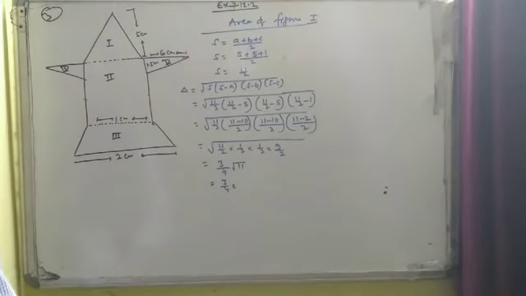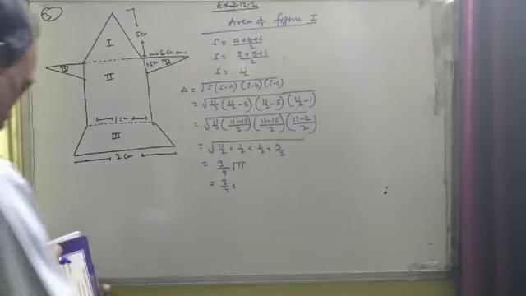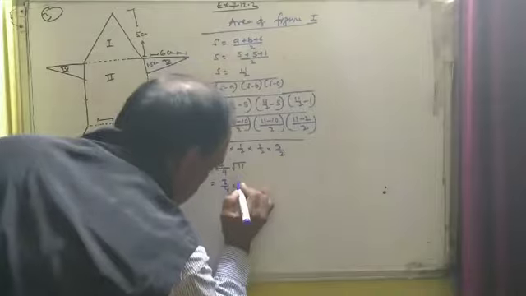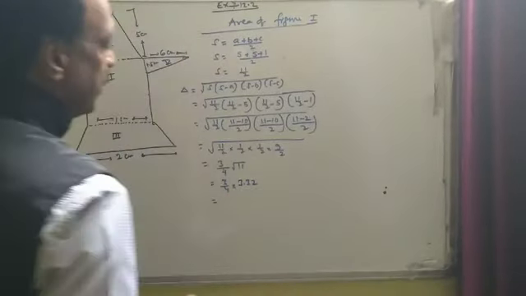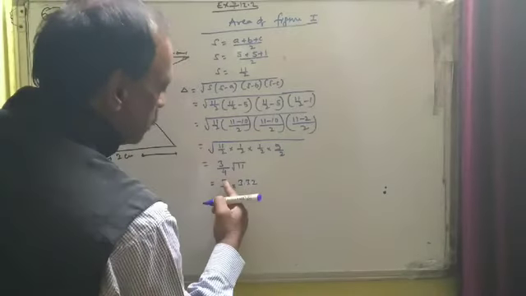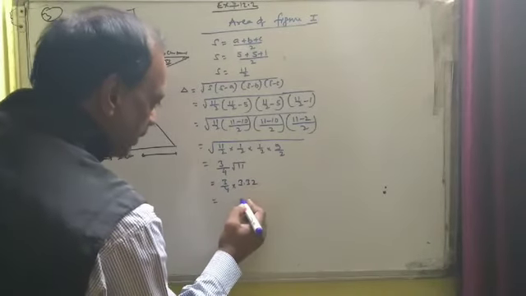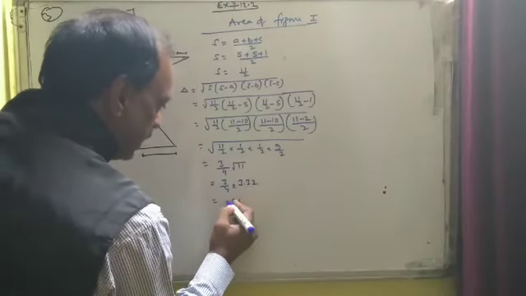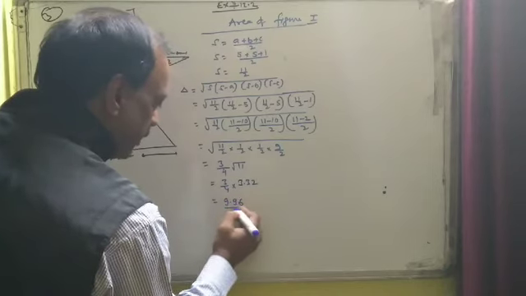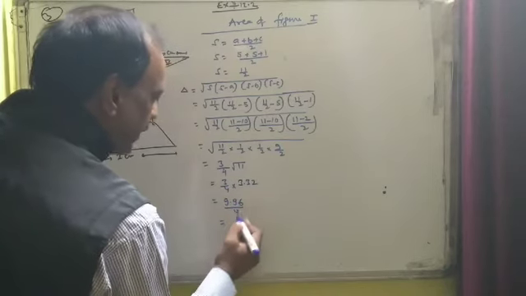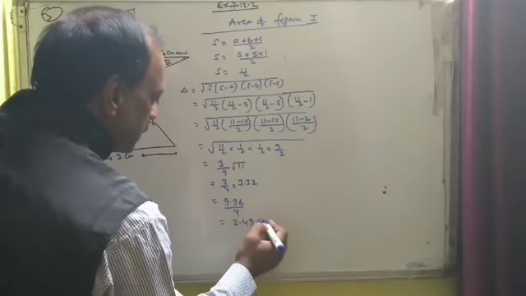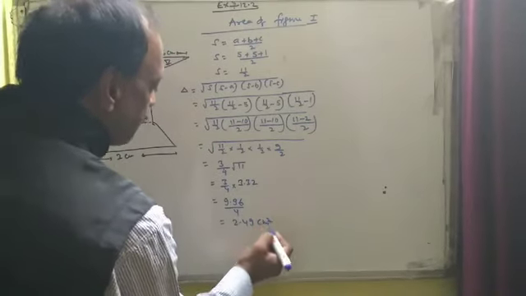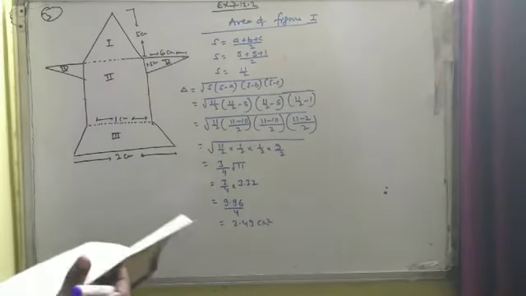It will be 3.32. So just write here 3.32, and after multiplication of 3 with 3.32, it will be 9.96 by 4. After getting the division it will be 2.49 centimeter square. So this is the area of the first figure.